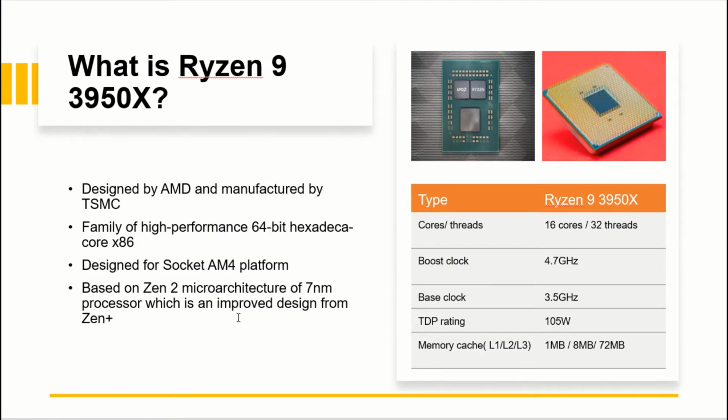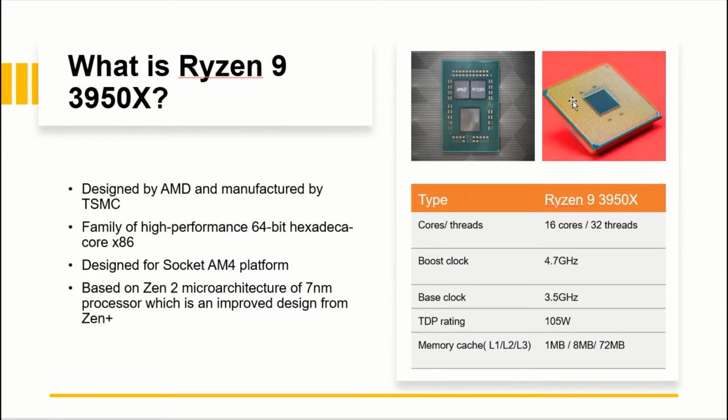There is actually a lot of improvement from Zen Plus to Zen 2 microarchitecture, such as improved micro-op cache tag, increase in dispatch bandwidth to improve the instruction stream, improved micro-op cache to 4096 entries, 2 times wider data path, and an additional address generation unit, AGU.